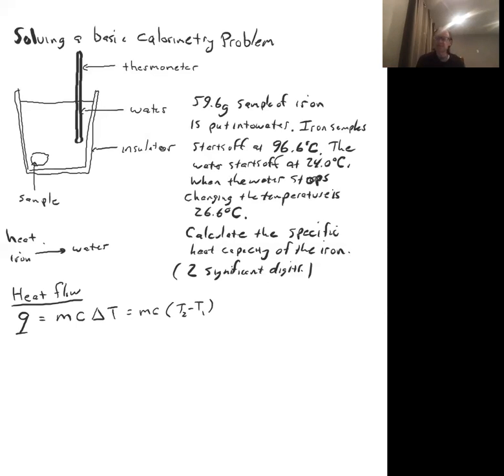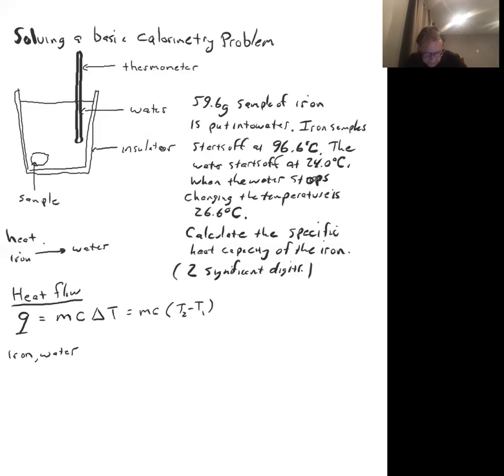Right? That's essentially called the calorimetry equation. But here's the issue here. There's two materials in which heat is flowing. You got the iron and you got the water. How do we calculate the heat flow if there's two materials?